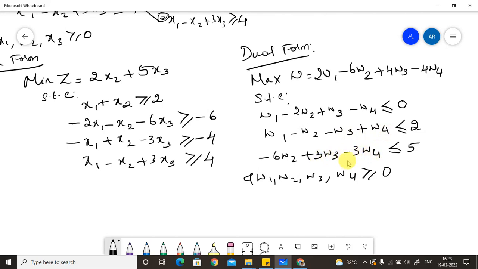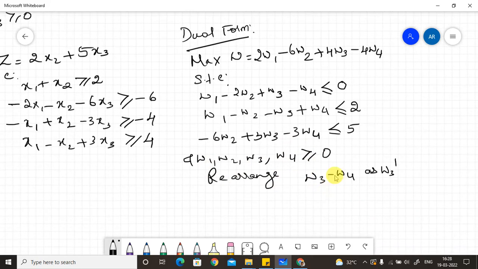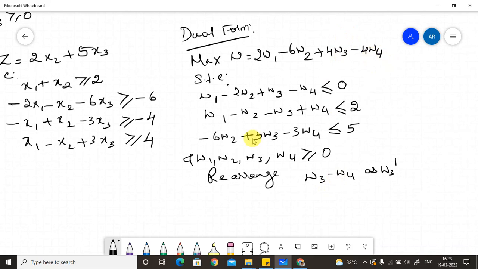So we will rearrange w3 minus w4 as w3 dash, and we'll substitute it in all the constraints as well as in the main objective function, because here also we have w3 minus w4.